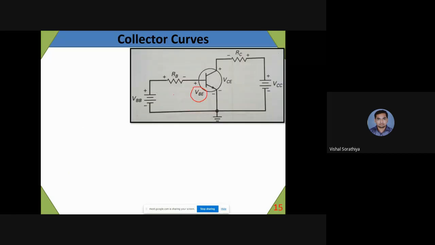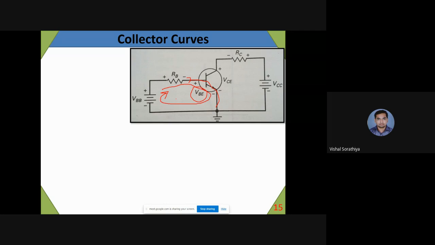The same thing happens here: after 0.7, the IB current starts flowing in this route. So this characteristic is similar to the diode condition.